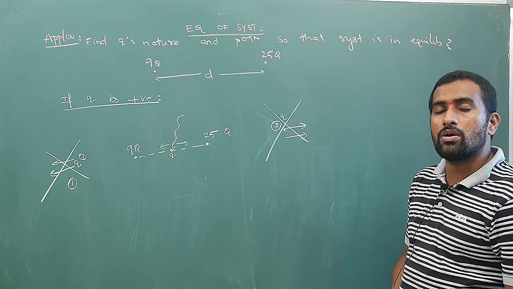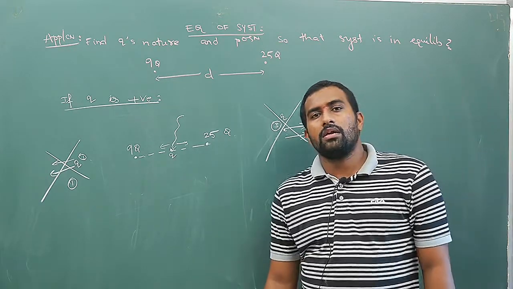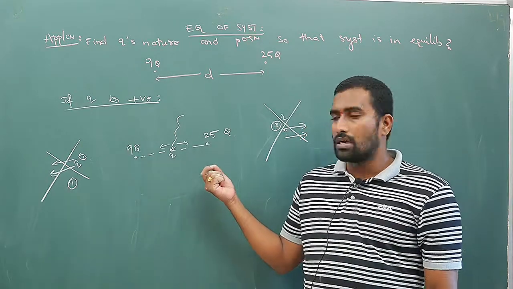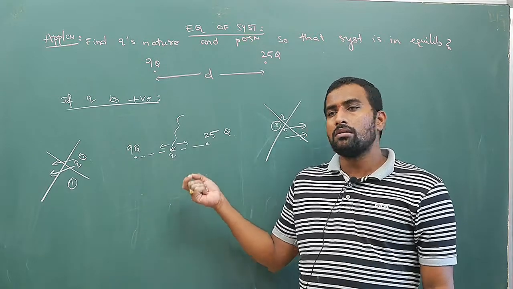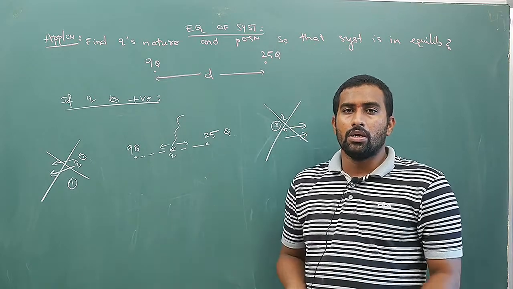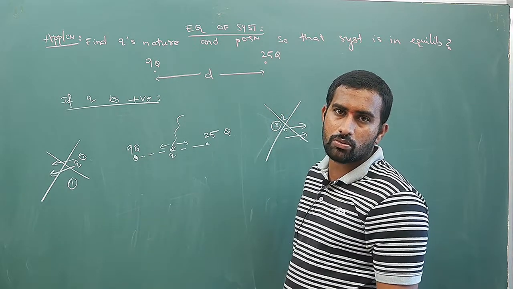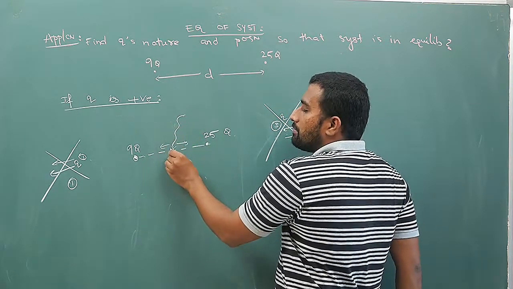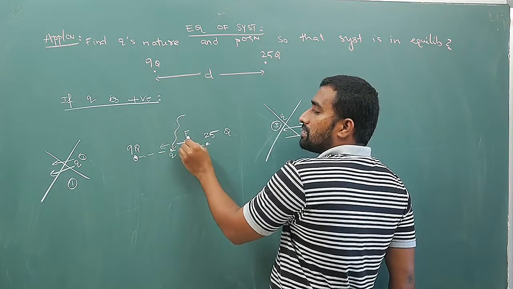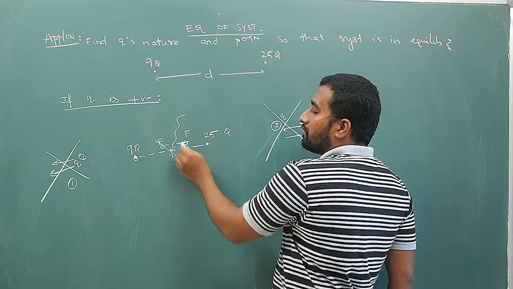I told you, whenever you are talking of equilibrium of system, I want you to keep in mind that your net force is 0 on the placed charge as well as on the charges to the left and to the right. So on 9q, net force is also supposed to be 0. If you are placing q in the middle, there is a possibility. Force because of 9q will be towards right, force because of 25q will be towards left. On this, net force is 0.